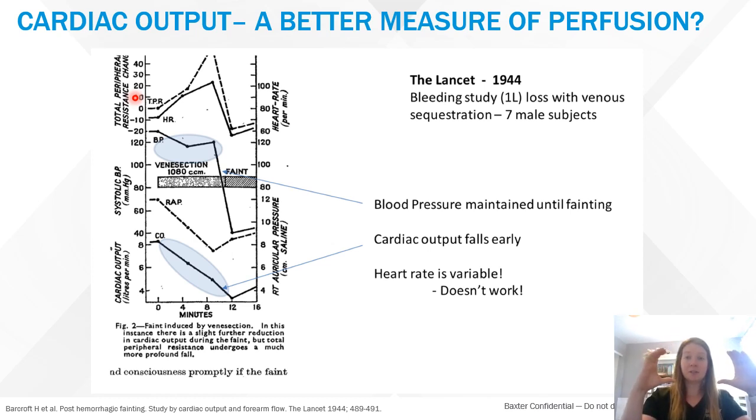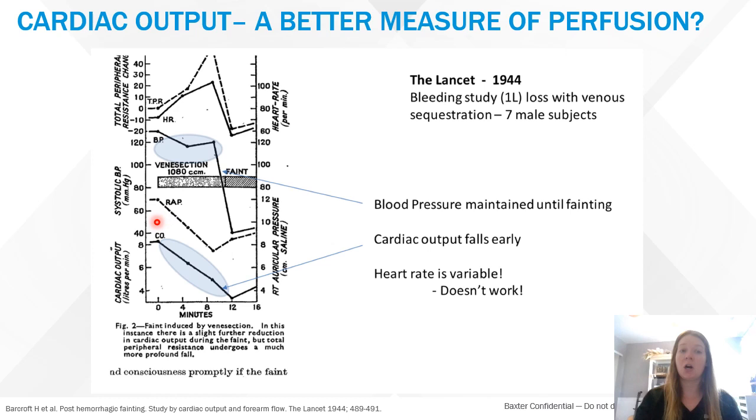Essentially, our body shunts blood away from our fingers, our toes, our bowels, our kidneys because, again, it wants to perfuse our brain. So our vessels start constricting to get our pressure to go up. However, they're compensatory mechanisms. So once those fail, the blood pressure just tanks right before they faint.